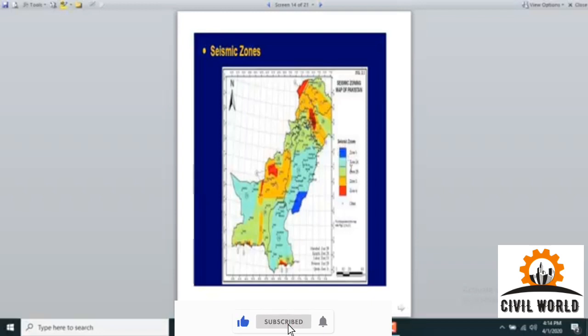On the right side you can see 5 boxes shown in different colors, starting from dark blue, light blue, green, orange and red. It means that in Pakistan, as far as the seismic design parameter is concerned, we can divide the whole country into 5 seismic zones. Zone 1 is represented by a dark blue line.